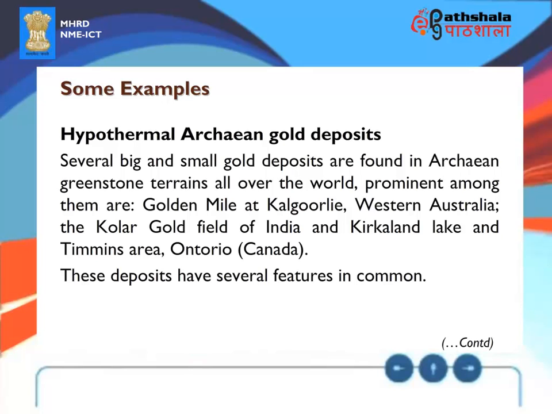Several big and small gold deposits are found in Archean greenstone terrains all over the world. Prominent among them are Golden Mile at Kalgoorlie, Western Australia, the Kolar Gold Field of India, and Kirkland Lake and Timmins area, Ontario, Canada. These deposits have several features in common.